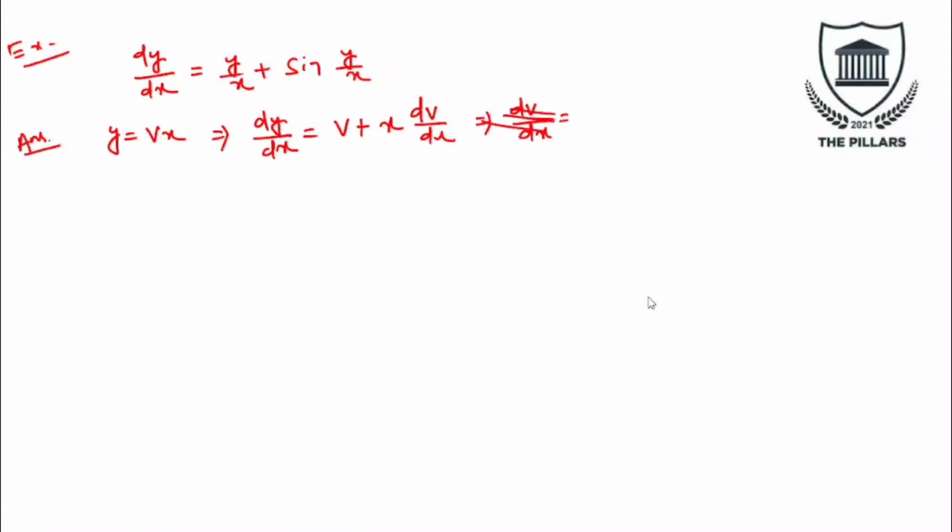We will directly substitute this value here. Now we can write dy/dx as v + x dv/dx = v + sin v, since we substituted y as vx. We can cancel v on both sides, then this will be x dv/dx = sin v.